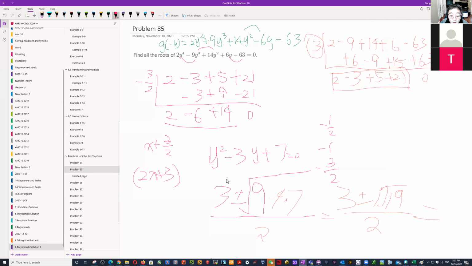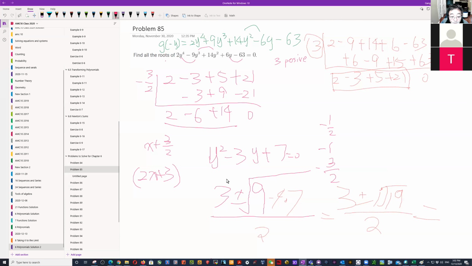There are 3 sign changes: 1, 2, and 3. So there will be at most 3 positive roots. We will also try plugging in the negative one.